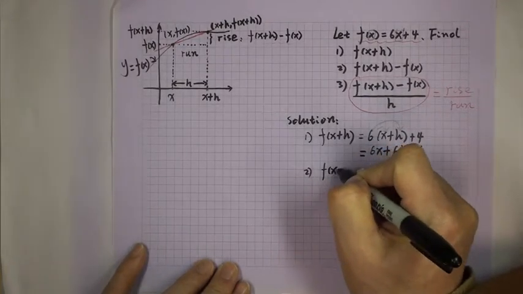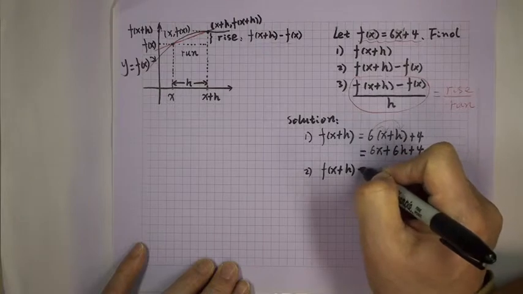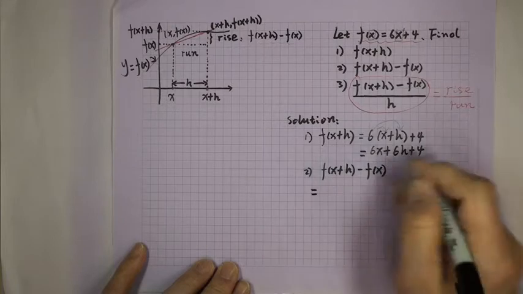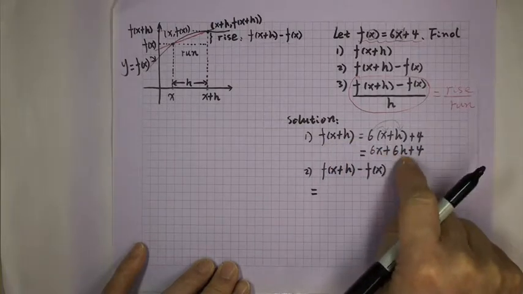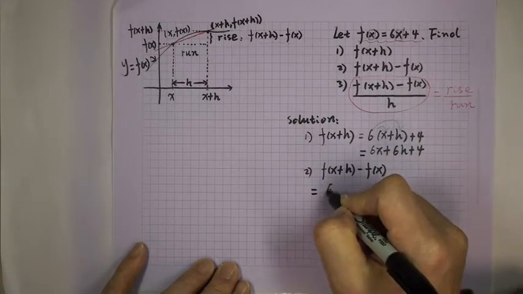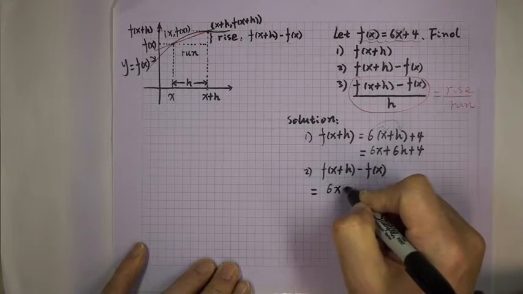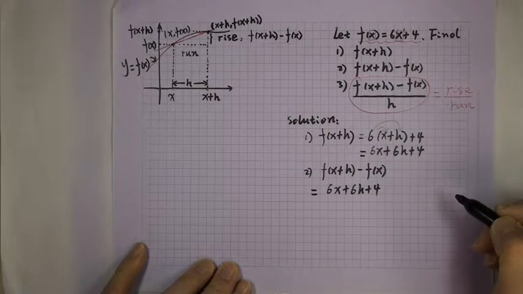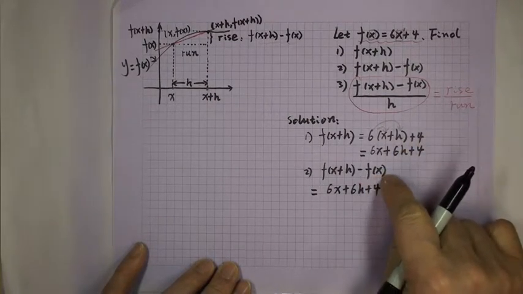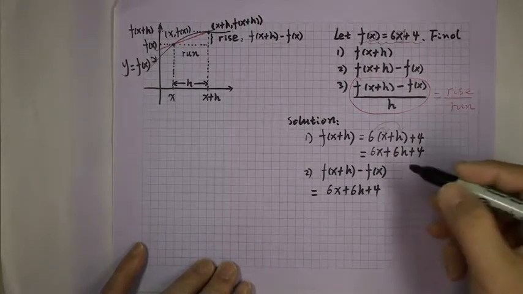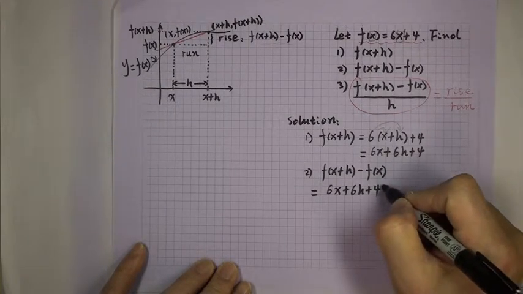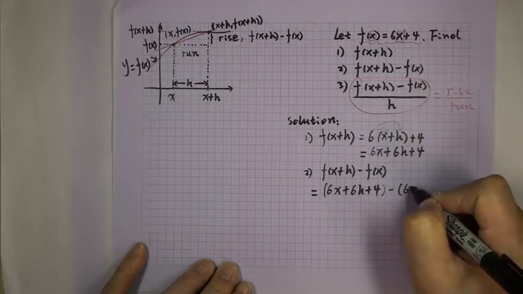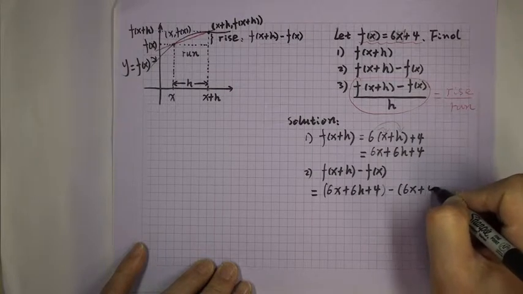So in this case, f of x plus h minus f of x equals what? f of x plus h is this one, so you simply copy 6x plus 6h plus 4. Now, subtract f of x, 6x plus 4.